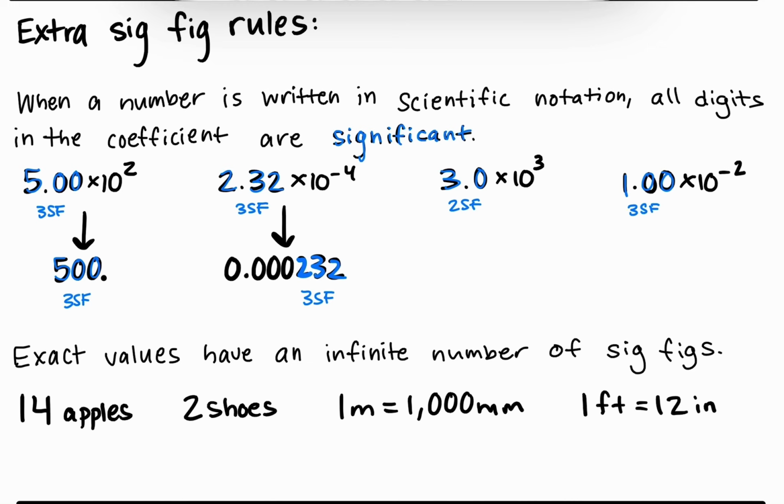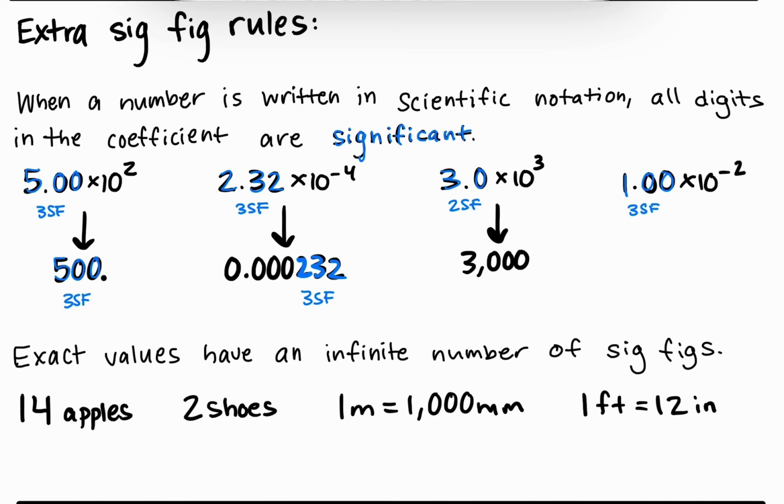We have an exponent of 3, which means it's positive. We need to move it over 3. 1, 2, 3. So we're adding 2 more zeros. So we will have 3,000.